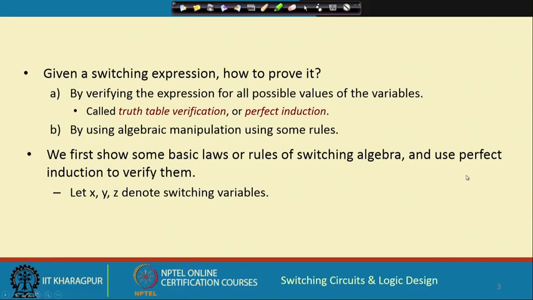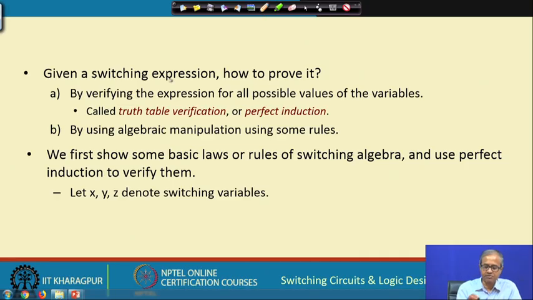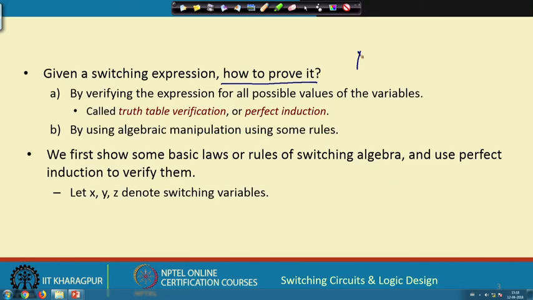Now, we shall be talking about a number of rules of switching expressions. Suppose I give you a switching expression, how do you prove it? Let us say I give an expression, a plus a and b, and I say this is equal to a.